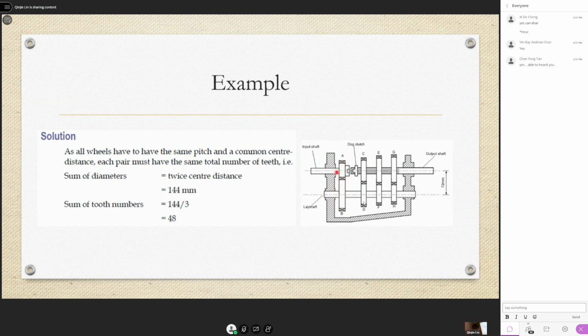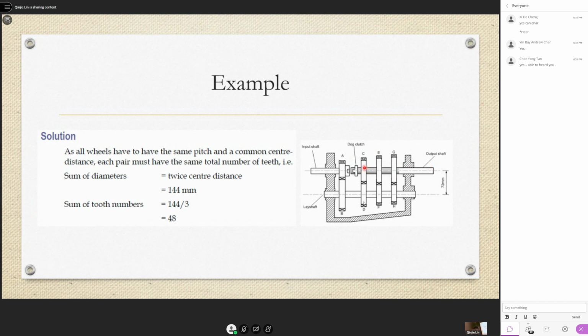First one. This thing is turning, and in turn it will turn this thing, which will drive this shaft, and then all these other gears will turn also. So it depends on which gear you engage here. It will determine the speed of the output shaft.